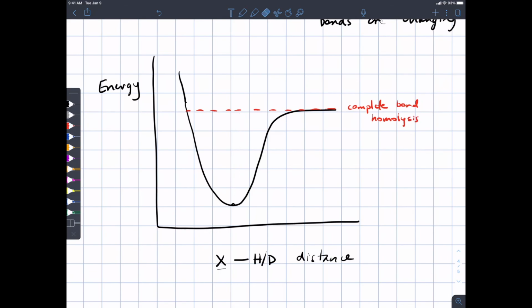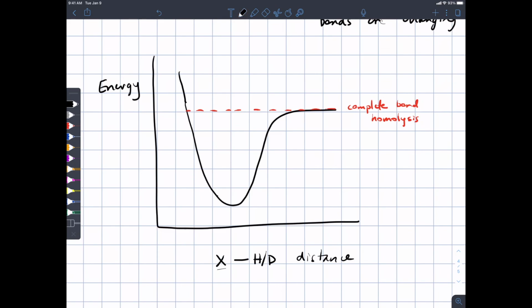Now, it turns out that no bond ever just adopts this lowest energy. Bonds have what are called 0 point energy. Even at 0 Kelvin, there's some residual 0 point energy and some residual bond vibration.